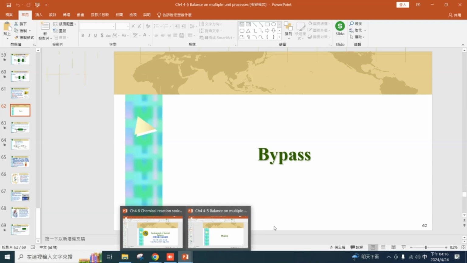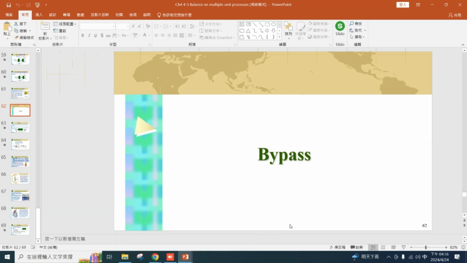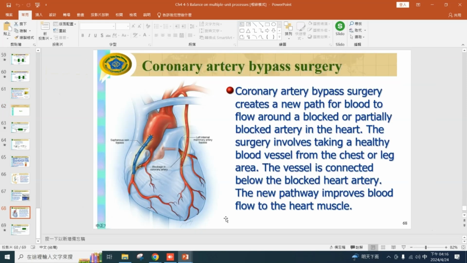On Monday, we talked about bypass, and I gave you one example. Today, you have a better understanding of the bypass. This is a heart, right?